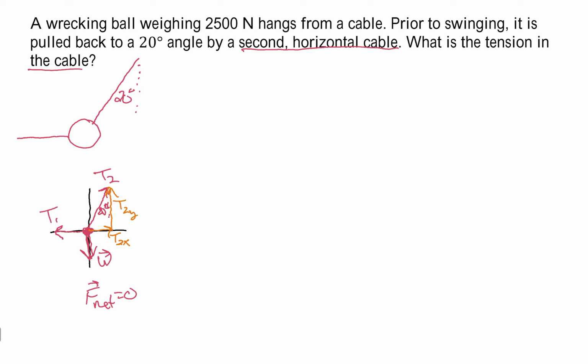Because now we form this right triangle, the right triangle angle is right there, and now we have this 20-degree angle sitting up here, and a right triangle, we can use some right triangle math to figure out the length of T2x and T2y. In other words, the amount of tension in the y direction and the amount of tension in the x direction from T2, okay?